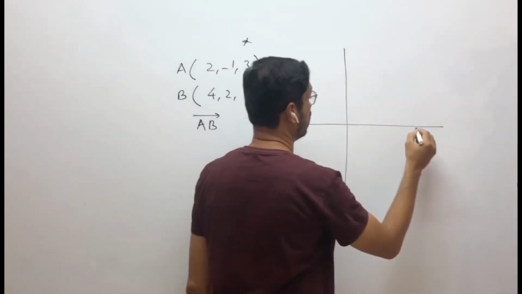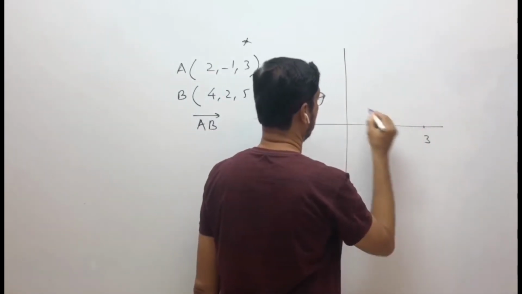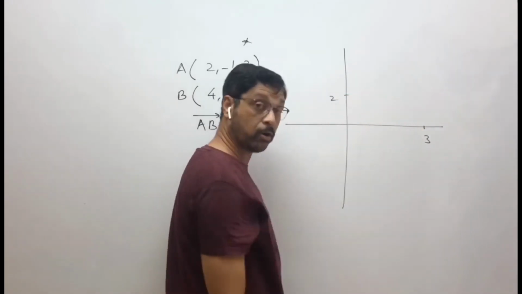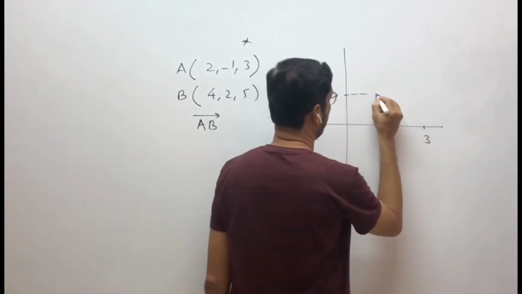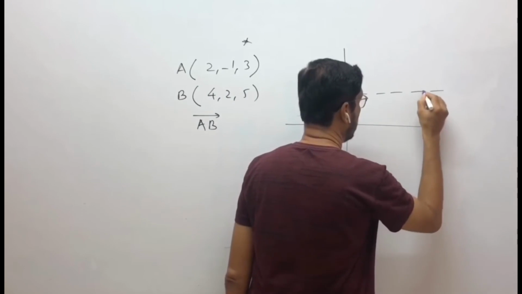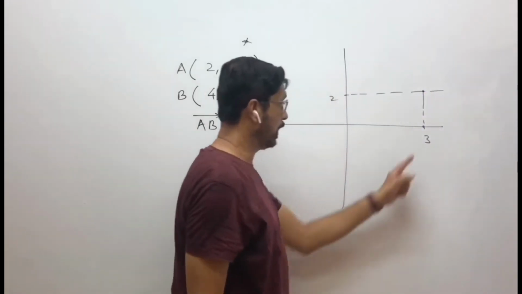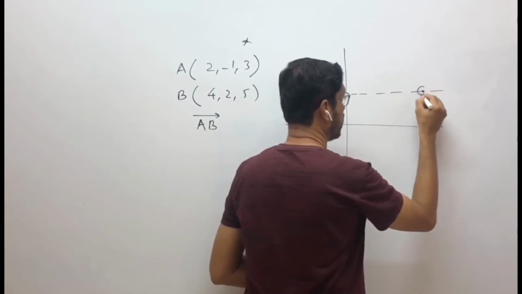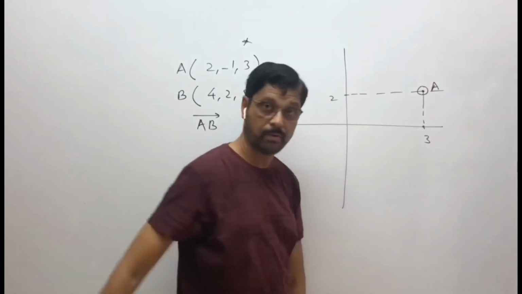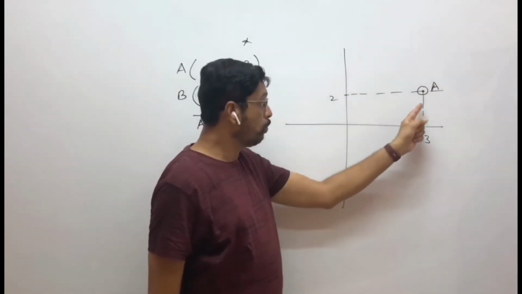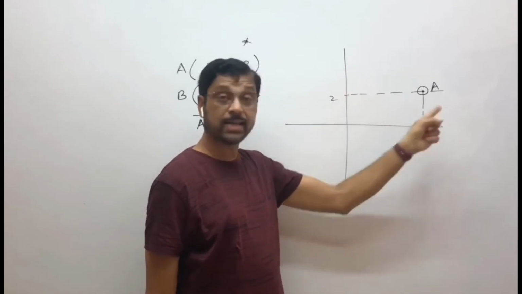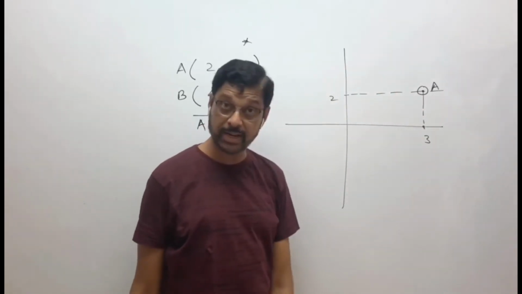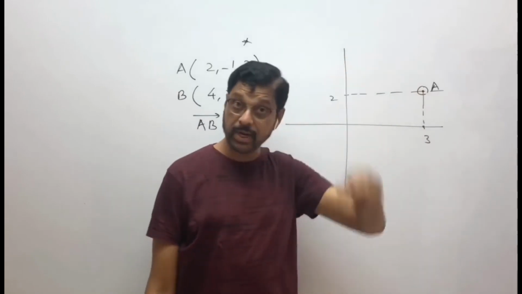Suppose A के coordinates हैं 3 and 2. X coordinate है 3, Y coordinate है 2. तो ये होगा वो point. X coordinate is 3, Y coordinate is 2. So suppose this is the point A. Okay. तो point A के coordinates अगर आपको पता है, you know the coordinates of point A, then you can locate that point.